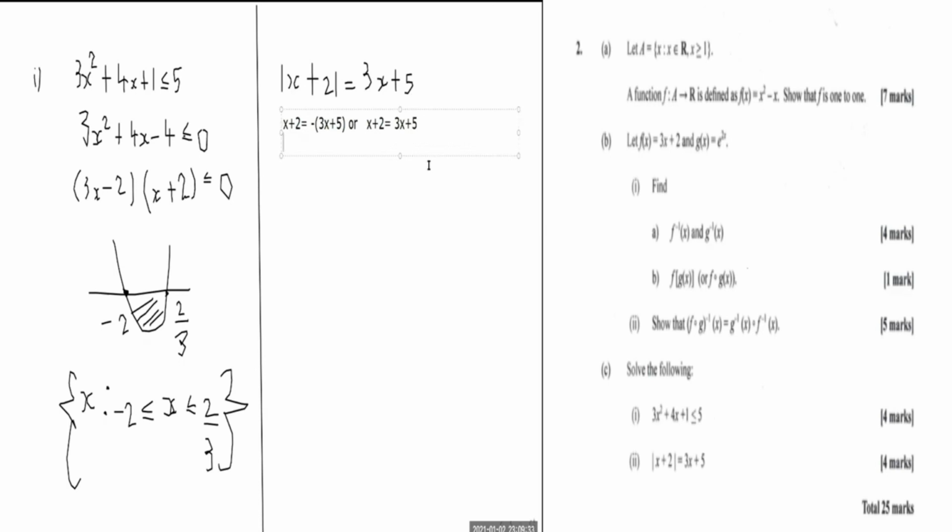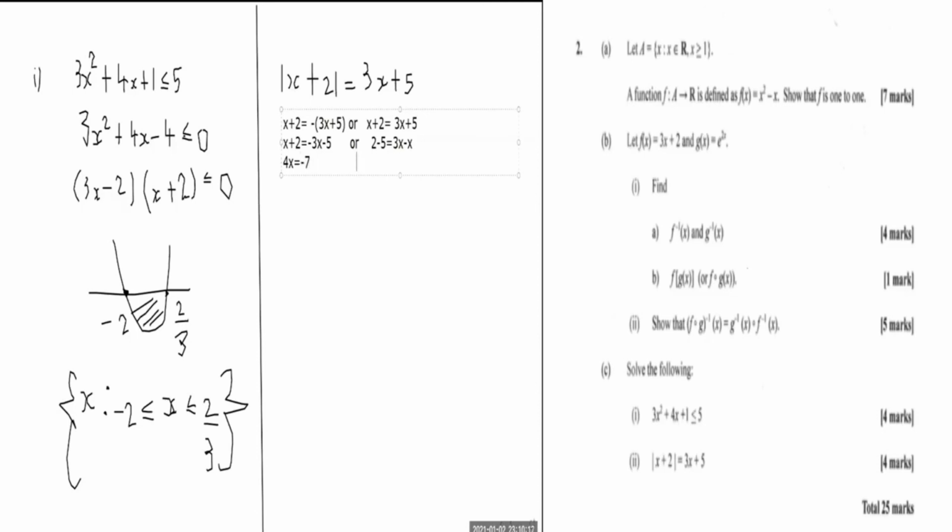So now all we need to do is solve for x. If x plus 2 is equal to negative 3x minus 5, or we're getting x plus 2 equal to 3x plus 5, we can simplify this one already. Bring over the x over here and bring over 5 over here. We get 2 minus 5 is equal to 3x minus x. So going down, we can bring over 3x over here. We get 4x is equal to, subtract the 2 over here, minus 7.